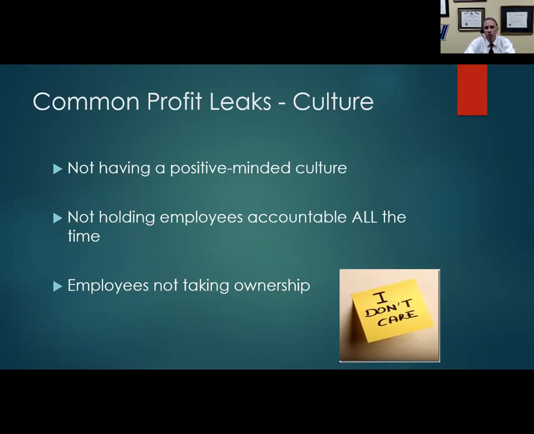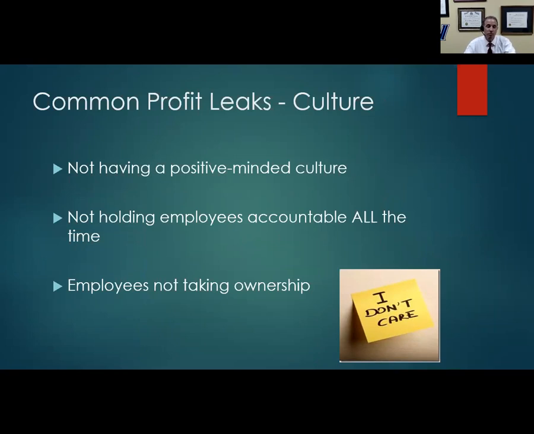Not holding employees accountable all the time, and this kind of ties in with what I just said about keeping your eye on the ball. Employees many times are viewed as children, like the owners would be the parents and the employees are children. Sometimes we see that analogy, and that being the case, I don't know about you, but when I tell my son to clean up his room once, he doesn't do it for the next 10 years.